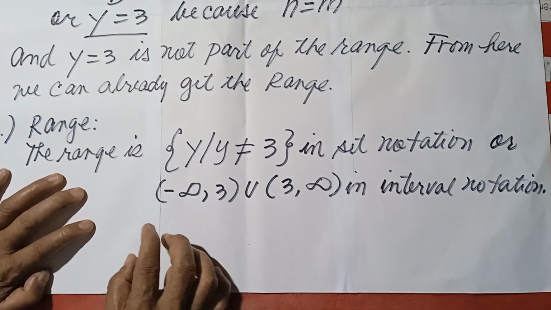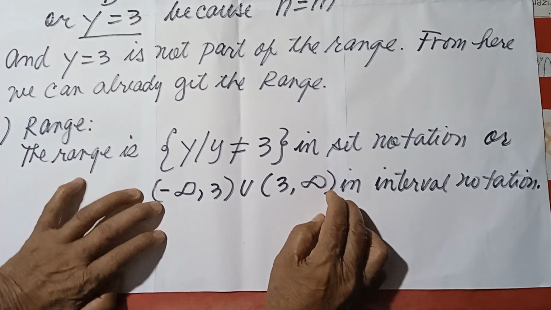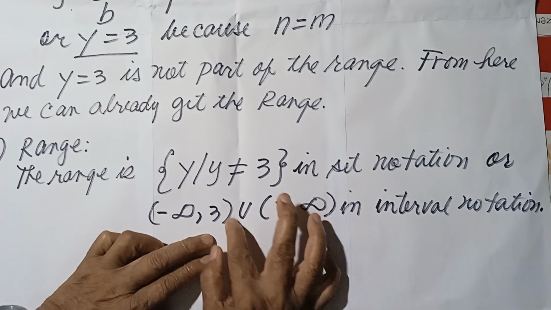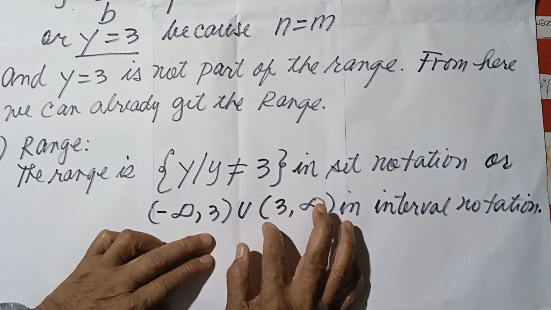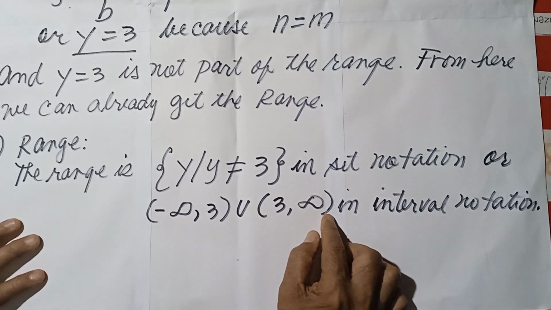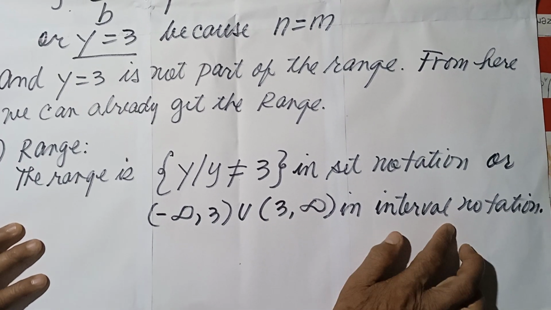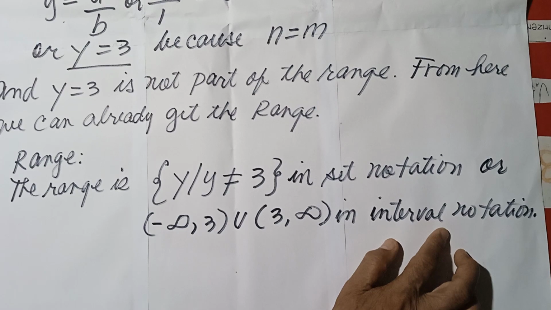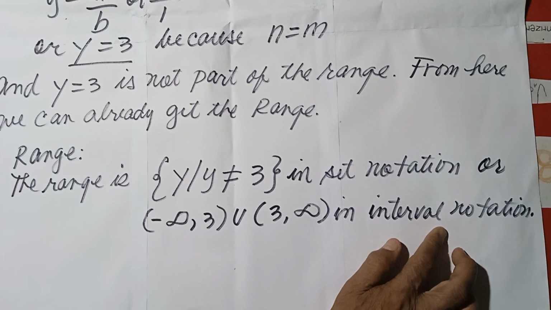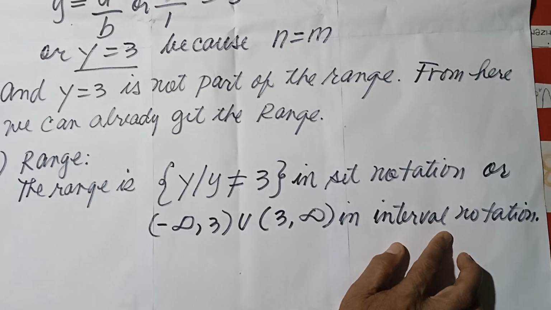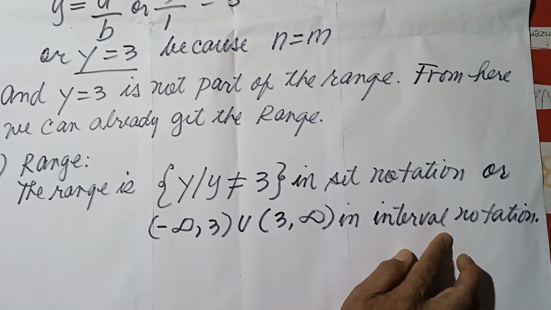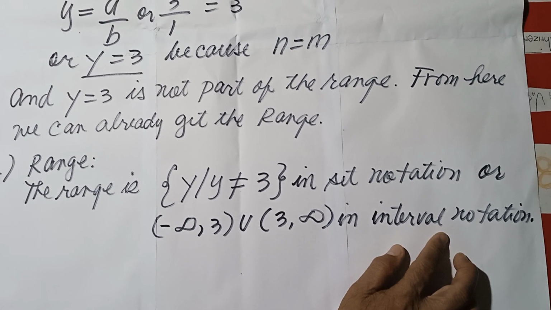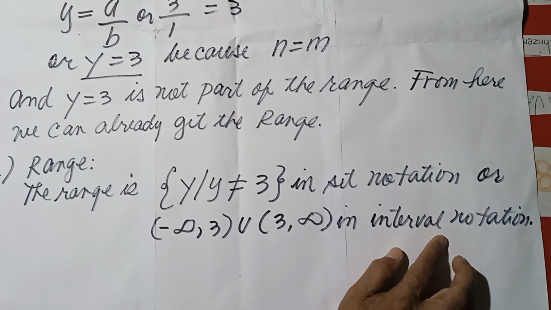Or in interval notation, negative infinity to 3 excluded, union, 3 excluded to positive infinity. So, we got the four attributes of rational function, and that is the first part of our presentation for the attributes of the rational function.